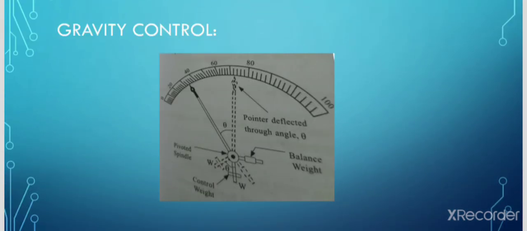Coming to the gravity control system. The gravity control system consists of a non-uniform scale. Here we are using two types of weight, that is balance weight and control weight, and one pointer which shows the reading on the scale.